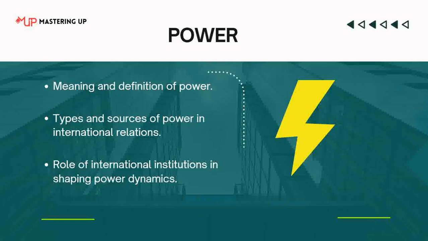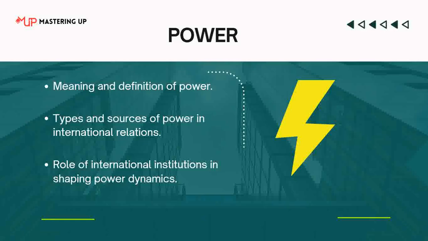So when discussing power as a concept in international relations, it's important to point out the roles that international institutions play in shaping power dynamics. International institutions such as the United Nations, the European Union, and the World Trade Organization all play a crucial role in shaping power dynamics in international relations.